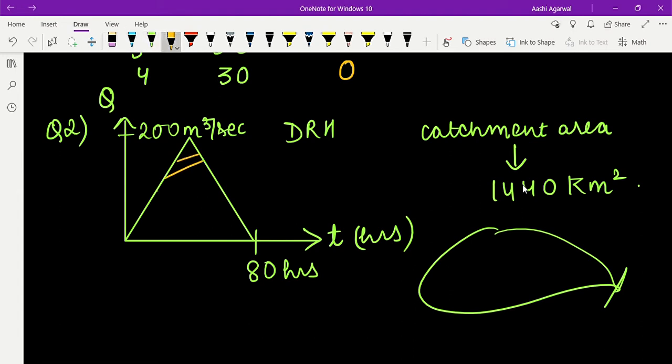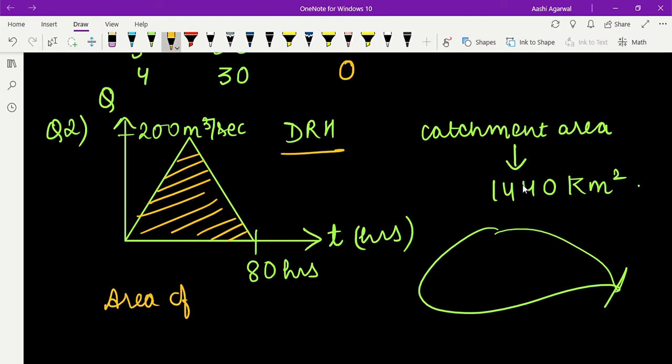You can use these values to find the area of the triangle. Now you know that the area of this particular DRH is nothing but half into base into height.